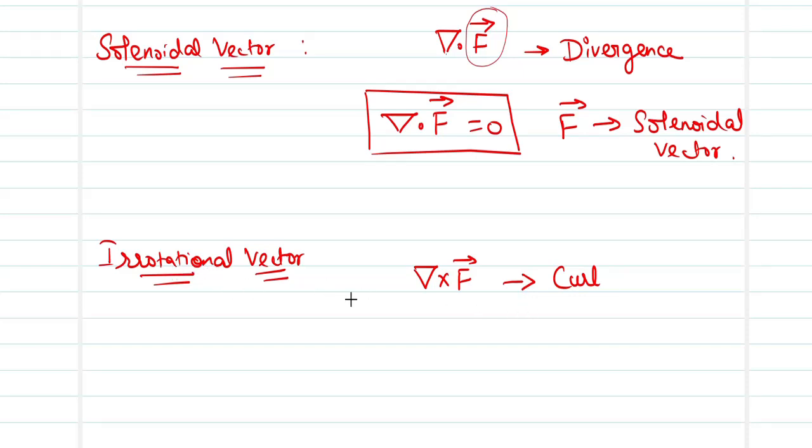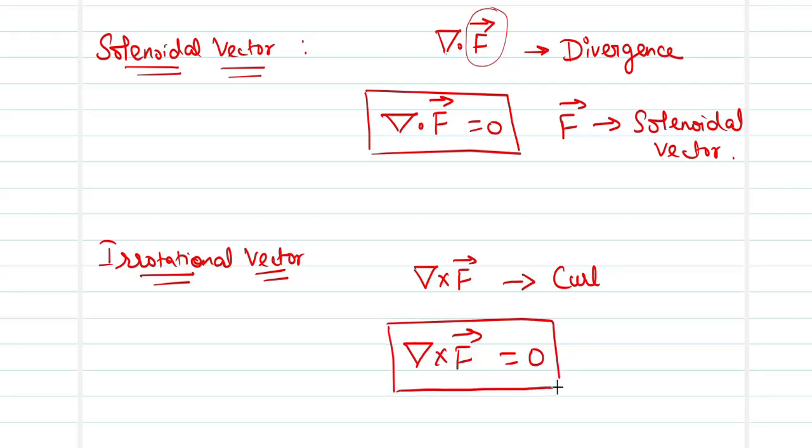It is not going to rotate, in which case the condition for an irrotational vector can be taken as del cross f vector equal to 0. So if del cross f vector is equal to 0 for all the points in a vector field, then this f vector will be referred to as an irrotational vector.